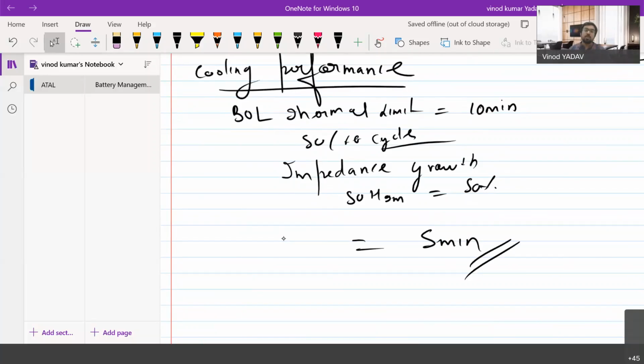This is how we calculate the status of the battery after a number of charge cycles: the thermal performance limit and the estimated range.